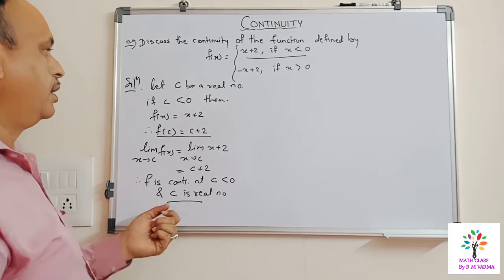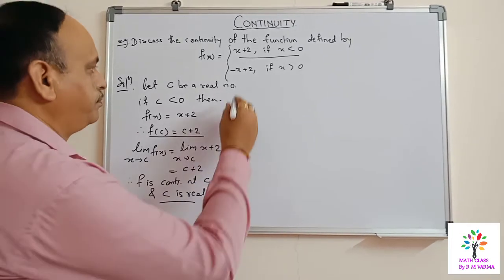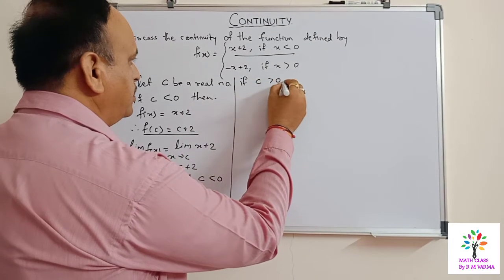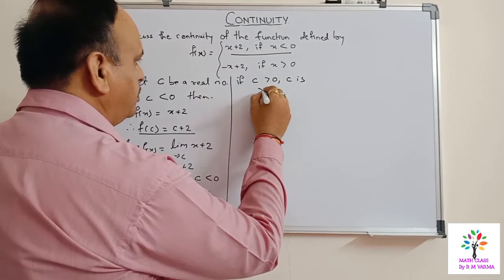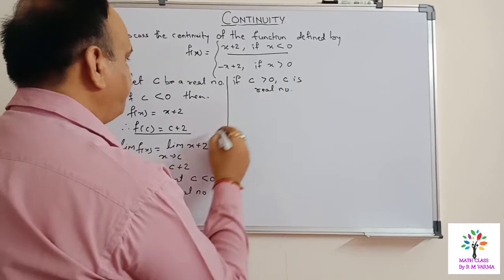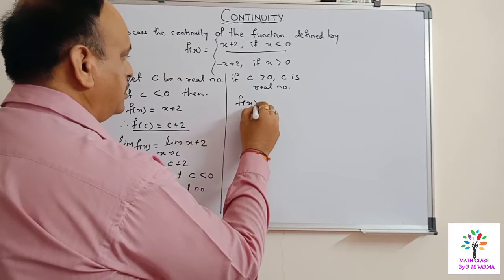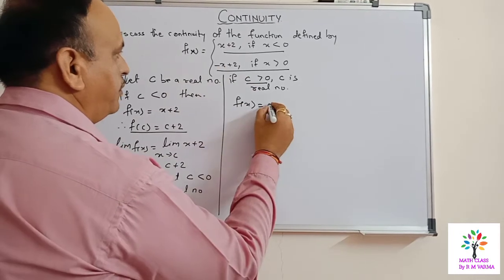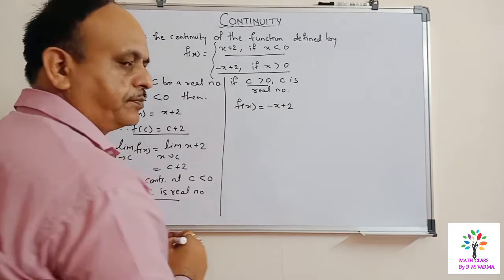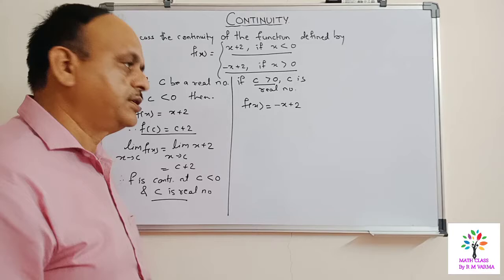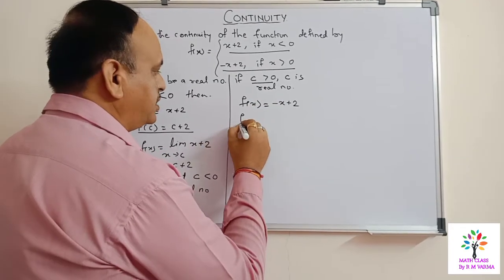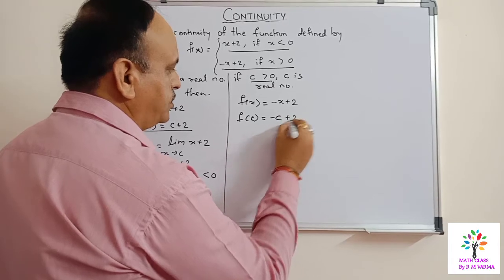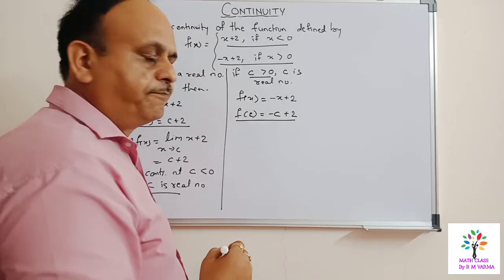Now we find it for greater than 0. If c is greater than 0, c a real number, then f(x) is minus x plus 2. When f(x) is minus x plus 2, we find the value at c. f of c equals minus c plus 2. So this is the value of f of c.